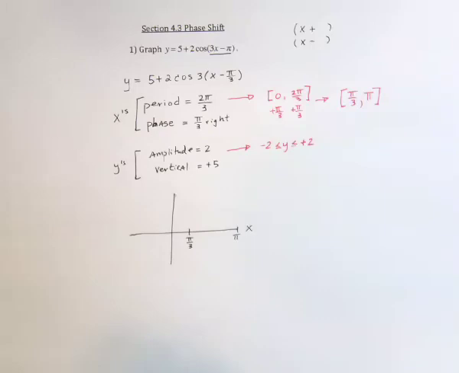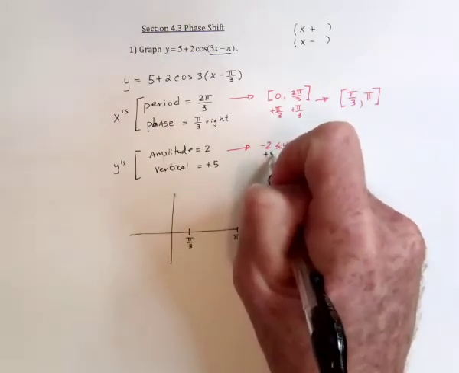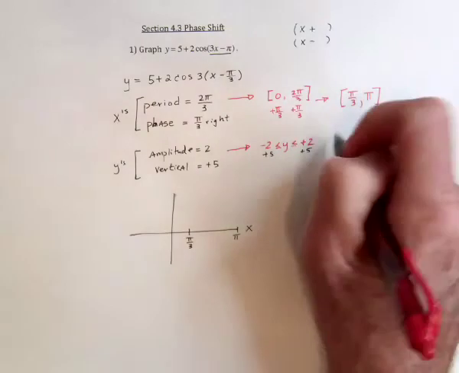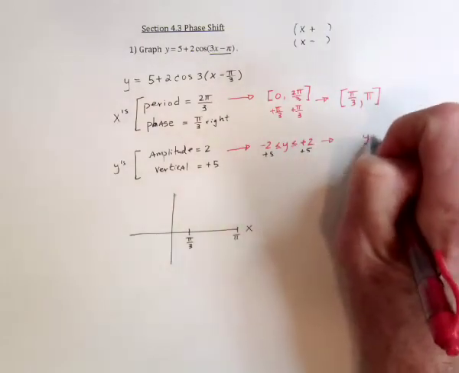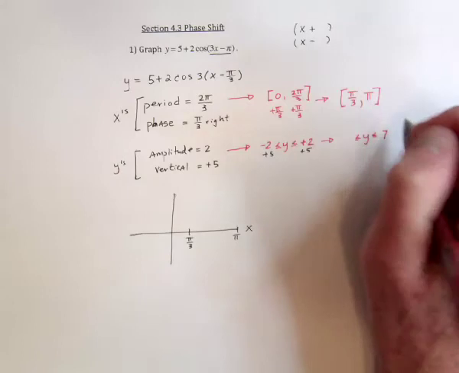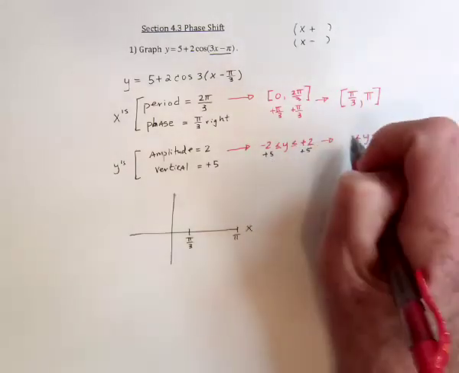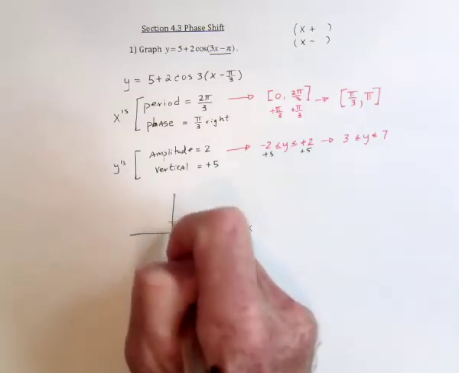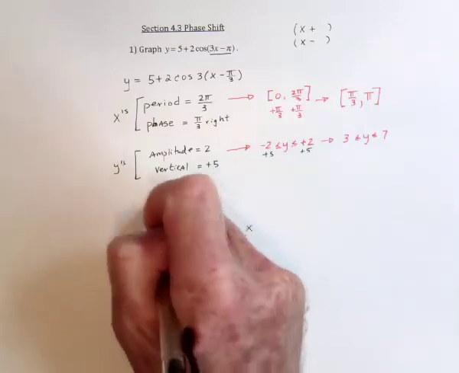So then add 5 and add 5. And so y is going to range between, on the top it's going to be a 7, and on the lowest it's going to be 3. So in here, have it range from 3 to 7.